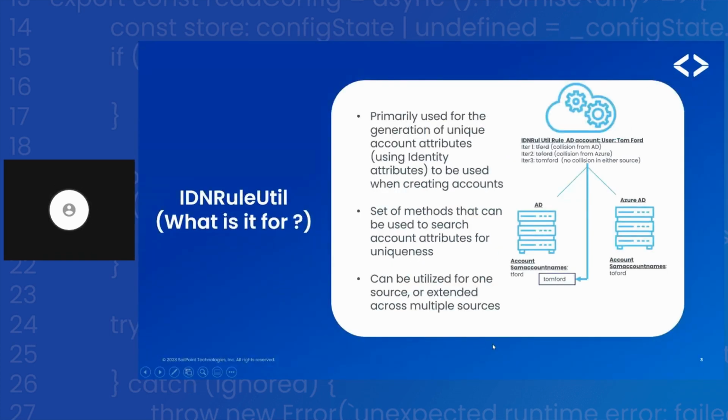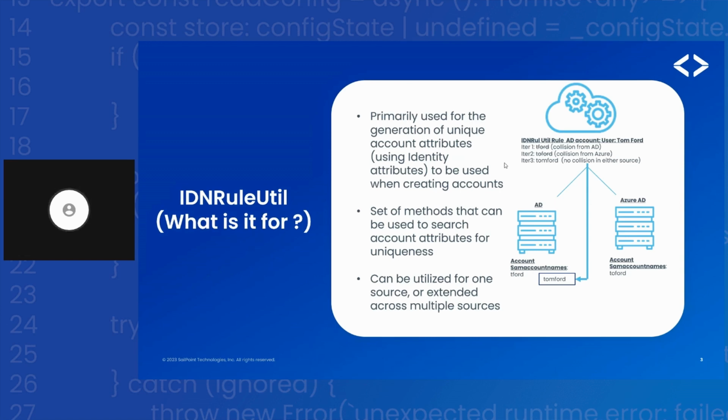So with that, the IDN Rule tool. One use case for it is to create unique account attribute generation, such as an email or SAM account name. You can use these methods to grab values from an identity within IdentityNow and generate an attribute based on those.